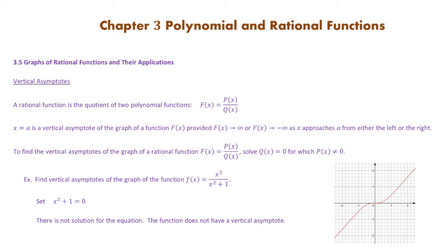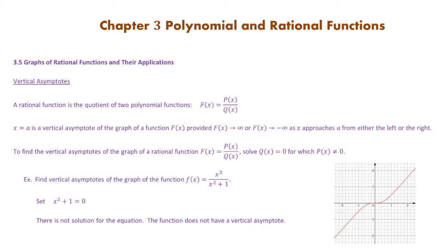But how do you find vertical asymptotes algebraically? Very simple. You just set the denominator q equal to 0 and solve. To find the vertical asymptotes of the graph of a rational function f equal to p over q, solve q(x) equal to 0, but p(x) is not equal to 0 at the same time.